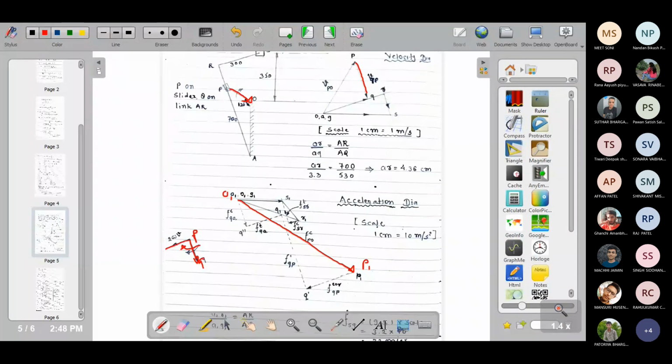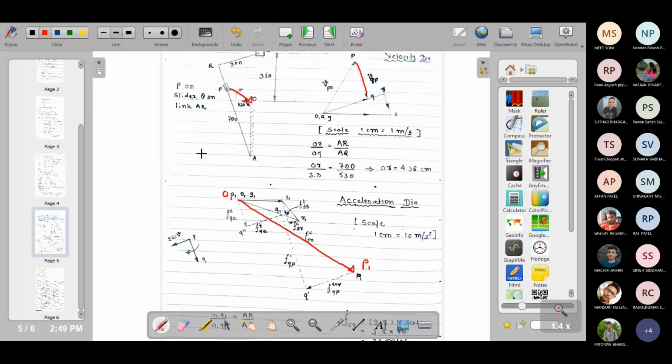So this vector, it is in this direction. Is this clear? This is the vector velocity of point Q with respect to P. This is the slider velocity. So this vector I have to rotate 90 degree in the direction of omega. Omega, it is clockwise. Yes or no?